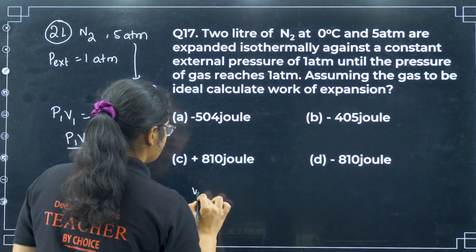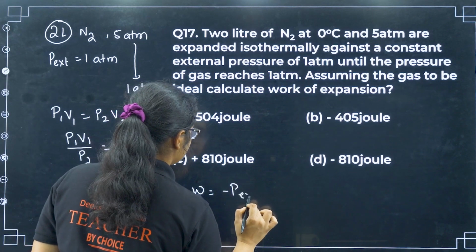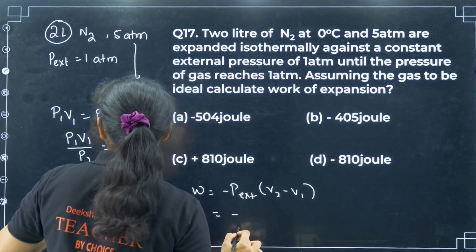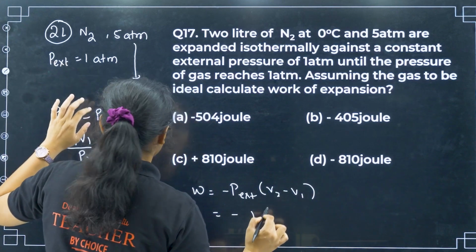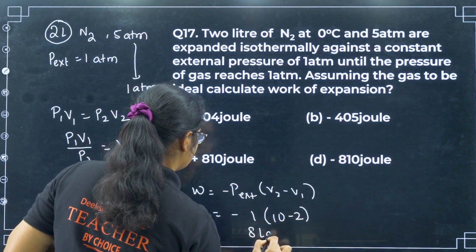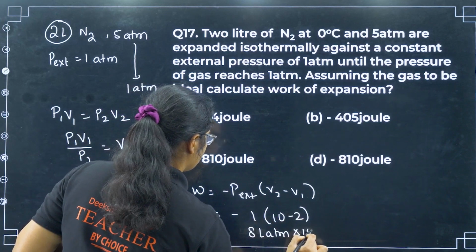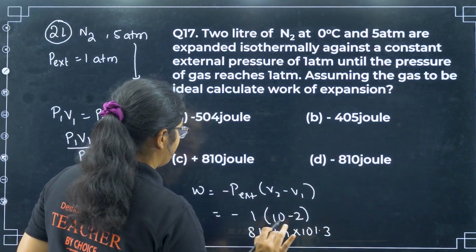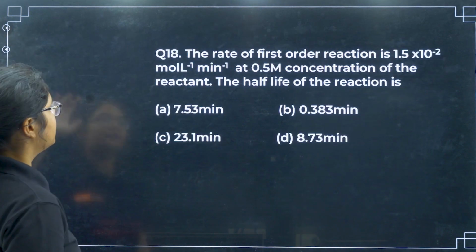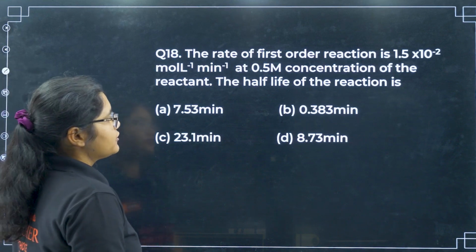Now I want to calculate the work done, that is equal to minus P external into V2 minus V1. Okay. So minus what is external pressure? 1 atm. V2 is your 10 minus 2, that is 8 liter atm, and equal to 101.35 multiplied by 800 something, we will get minus, that is because of expansion. So option number D.